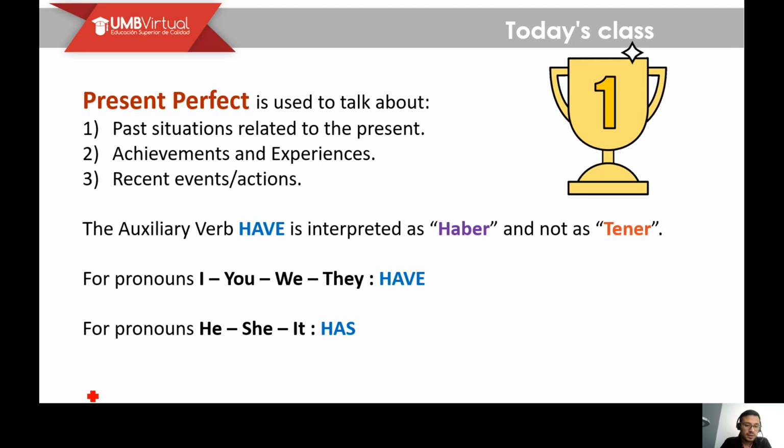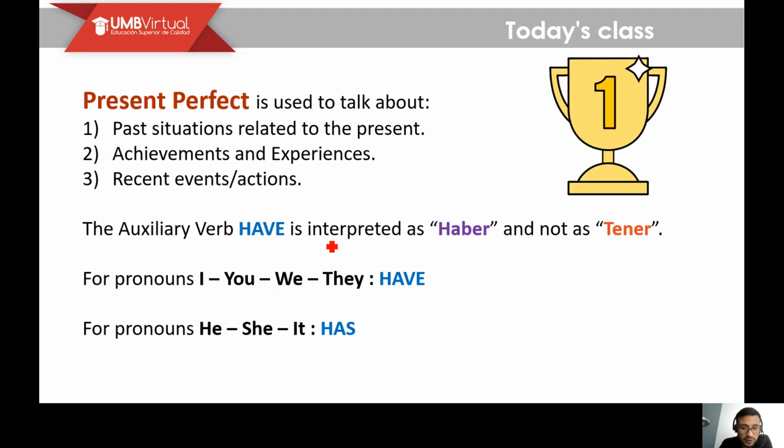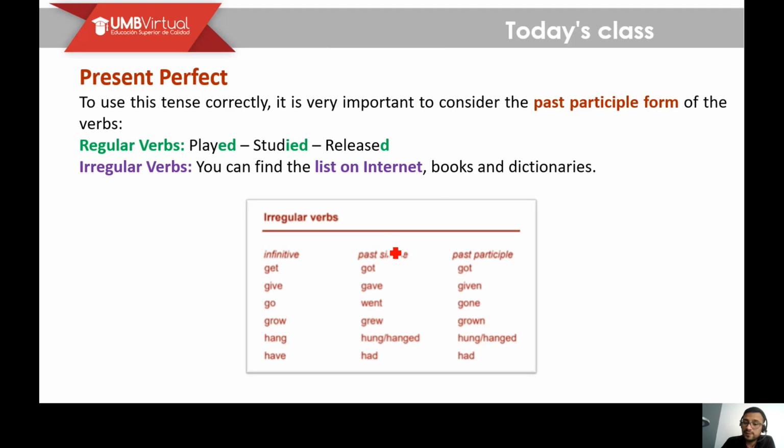Let's continue with the present perfect tense. We have the structure over here. In here you have the structure. Subject plus have or has plus the past participle verb and the complement. Listo, aquí sí necesitamos el pasado participio.